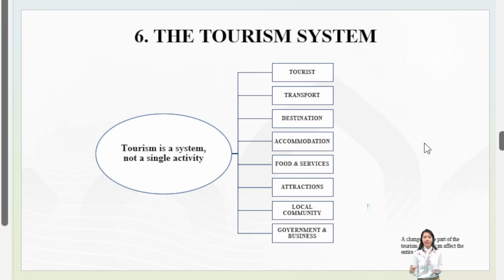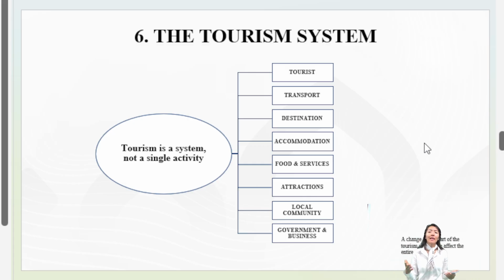The tourism system. Firstly, what is tourism? Firstly, we understand the purpose of tourism and the motivations of tourism. Tourism is a system, not a single activity, because tourism contains firstly tourists, transports, and also destinations, accommodation, food and beverage services, even different attractions, local communities, and even conferences and business trips.